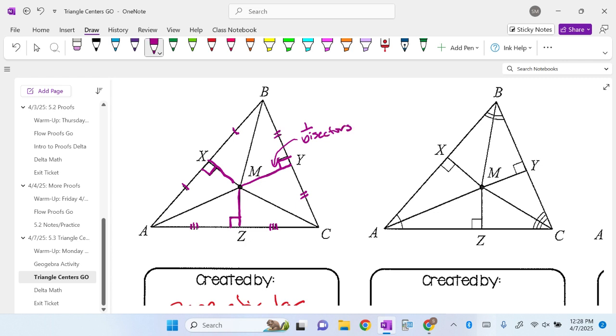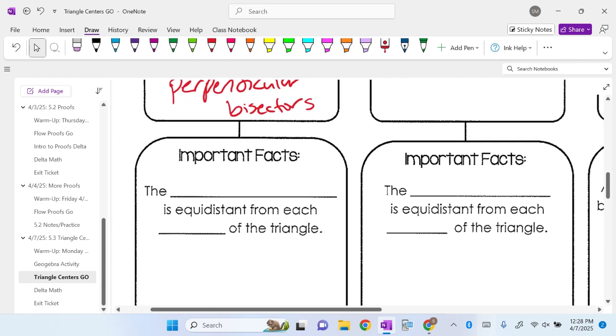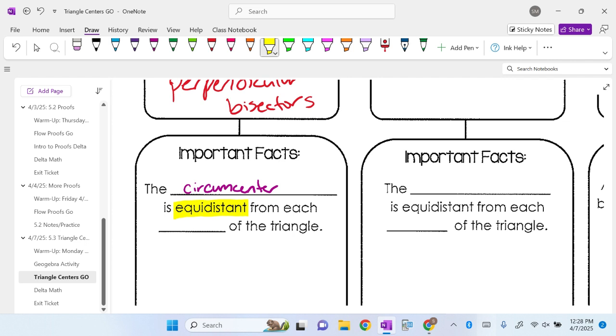Now, here's some special properties about the circumcenter. The circumcenter is equidistant from each vertex of the triangle.